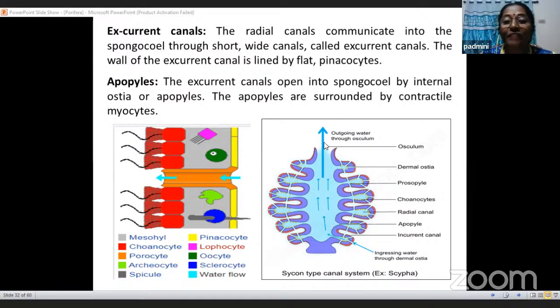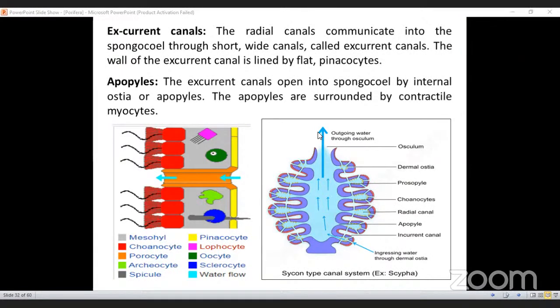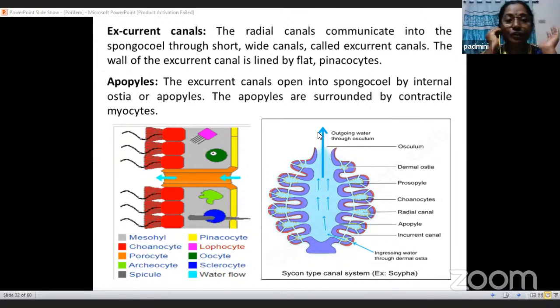So when they are moving away, then you call them excurrent canal. Got the point? Incurrent is you're asking the water to come inside. Excurrent is when you're asking the water to go out. Exit. Exactly. So that is about the excurrent canal and the incurrent canal.